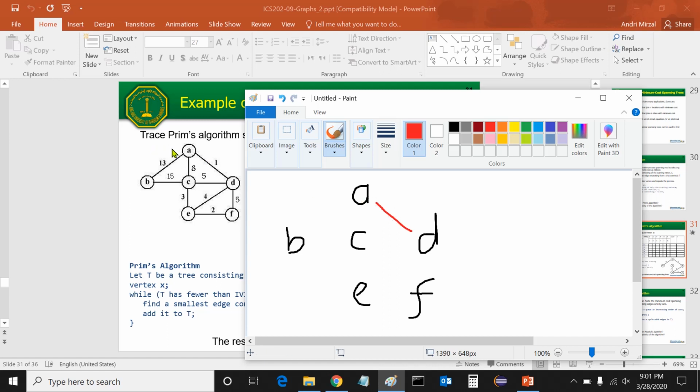If we do this cutting, then the edges that are being cut will be 13 as the weight, after that 8, 5, 4, and 5.